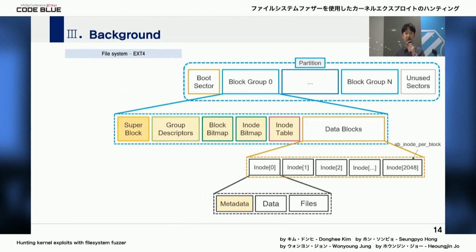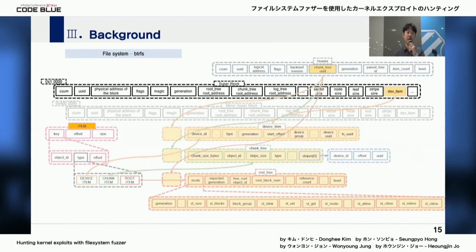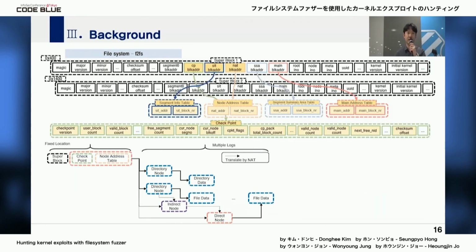As the most basic file system, it has metadata in blocks based on the inode table, and the fuzzer will mutate this. btrfs has light, efficient B-tree-based memory management and features automatic defragmentation. btrfs is optimized for SSD and allows you to use multiple plugged-in drives like a single SSD. F2FS is a file system optimized for NAND flash, created by Samsung for flash memory.